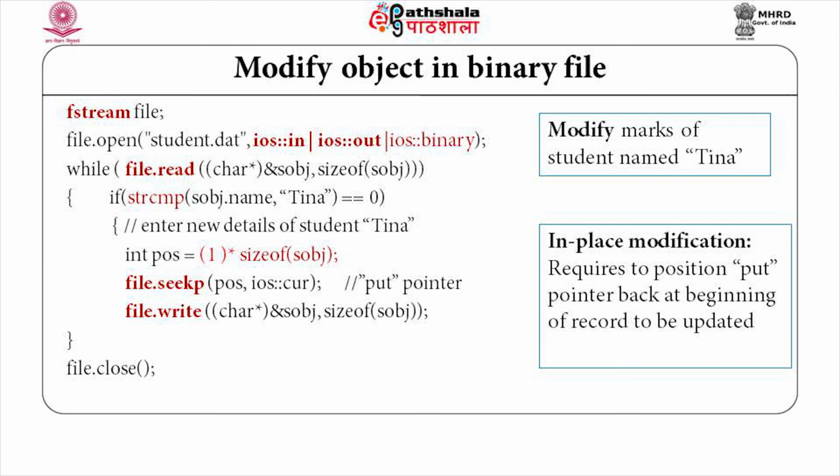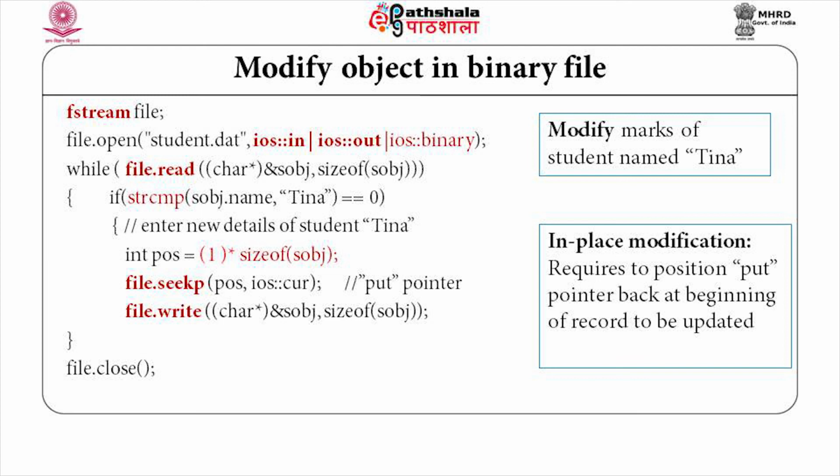Random access, randomly accessing the nth object from the file is also possible. So, what we need is to know the number of bytes to be skipped. If I want to read the nth record, my pointer should be at the starting of the nth object. So, the previous n minus 1 objects are to be skipped.